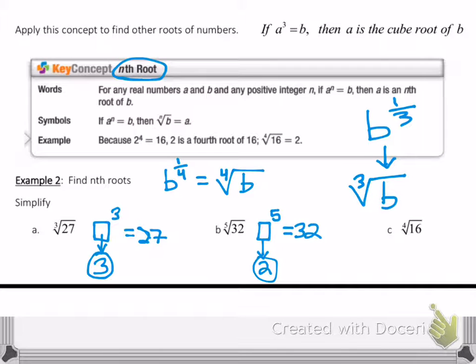And the last one, maybe you could try on your own. What is a number raised to the 4th power to get an answer of 16? That also happens to be 2. 2 to the 4th power, 2 times 2 times 2 times 2 is equal to 16. So if you don't know these answers, then just by memorizing and repeating a lot of these smaller numbers, you'll get used to it.